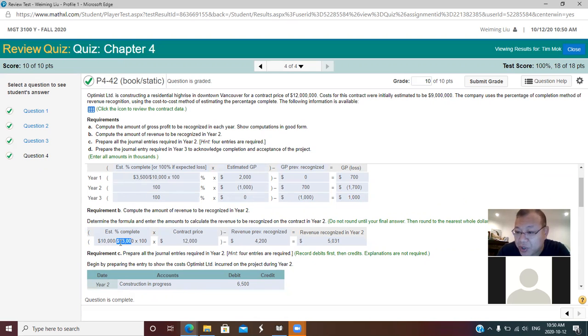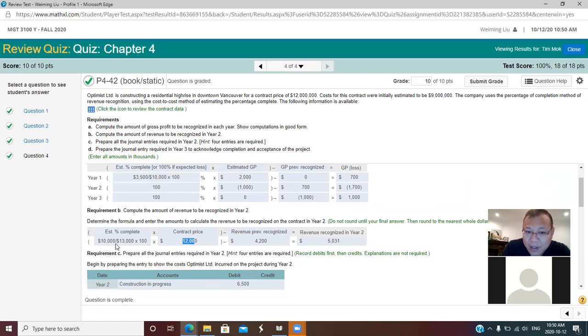So 10 divided by 13, that's the percentage of completion. Then your total revenue is 12 million. When you multiply your total revenue by the percentage of completion, that's how much revenue you should have recognized up to this point.